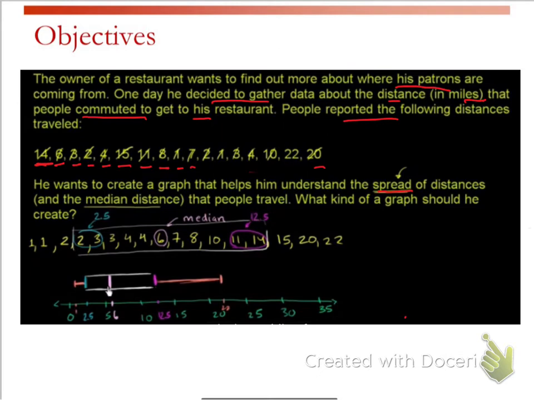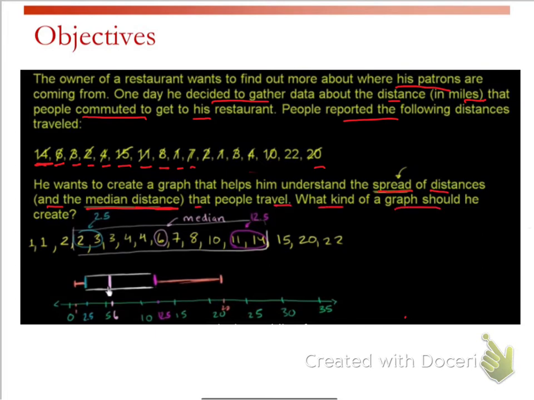What is the percentage of the people coming from a nearby distance, and what is the percentage of customers coming from a very far distance? How are his customers spread out with respect to the distance? So he wants to understand the spread of the distances and the median, the median distance that people travel.